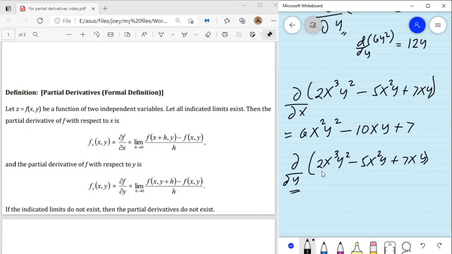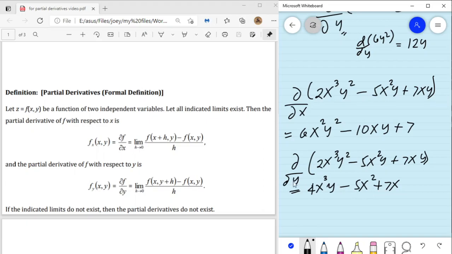So the derivative of this expression with respect to y will be 4x cubed y. How do we get that? We multiply the exponent of y to the coefficient 2, then subtract 1 from the exponent. The same is true with the second term with respect to y. So 5x squared here is the constant, so the derivative will just be 5x squared. Plus the derivative of 7xy with respect to y, which will be 7x.